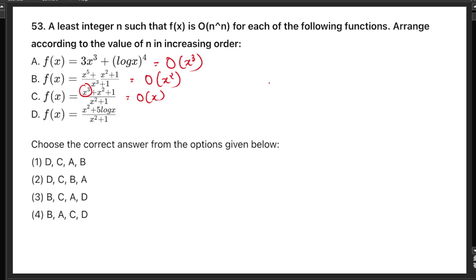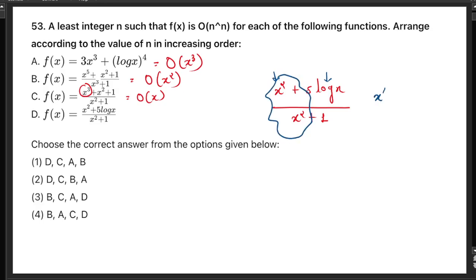Now similarly we will look at this question, which is option C. So now see, option C has x square plus 5 log x divided by x square plus 1. Now here we have two types of things. First is polynomial and second is logarithmic. And as you all know, logarithmic is less powerful than polynomial. So here we just have to consider the highest one.